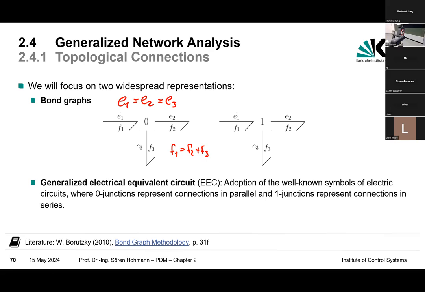Same on the right-hand side, but now we have the zero junction here and the one junction there. Here, effort sums up, in the sense that E1 is equal to E2, sorry, plus E3. On the other hand, the flows are equal. And that's exactly what you are doing if you're doing loop analysis, if you're doing mesh analysis in linear electrical networks.